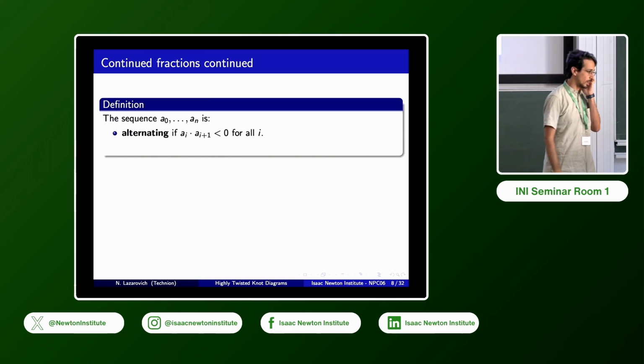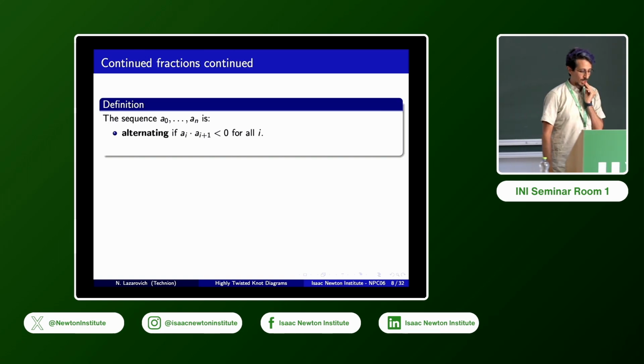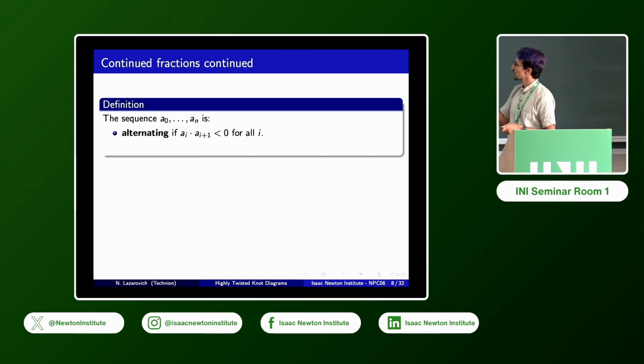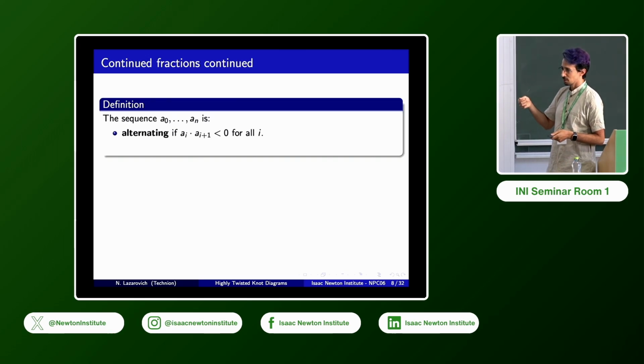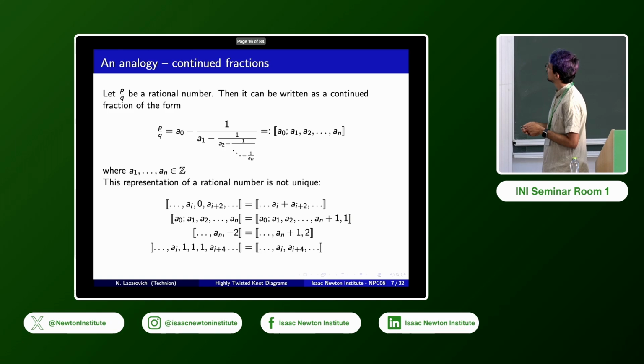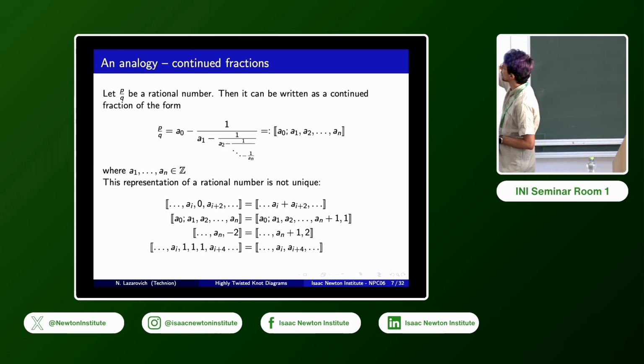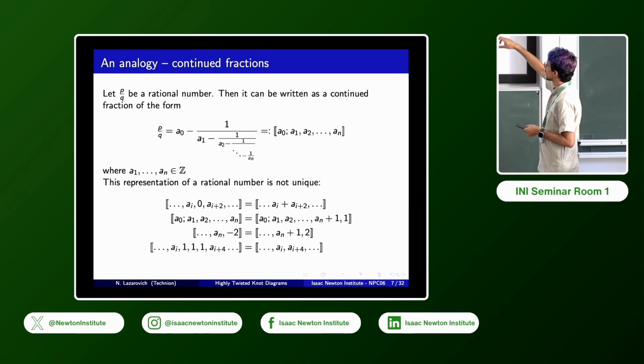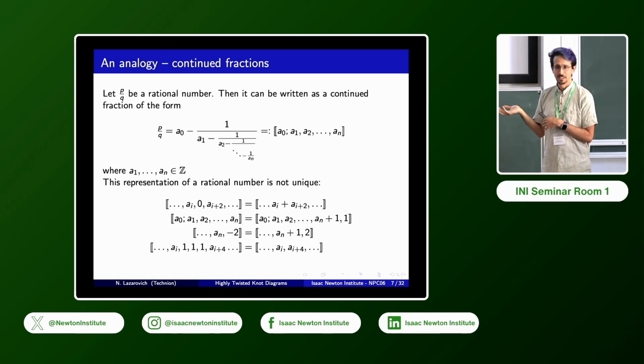But let's look at two examples. The first example I'll call alternating, where the a_i alternate. Note that the alternating sort of cancels with the fact that I put a minus there.